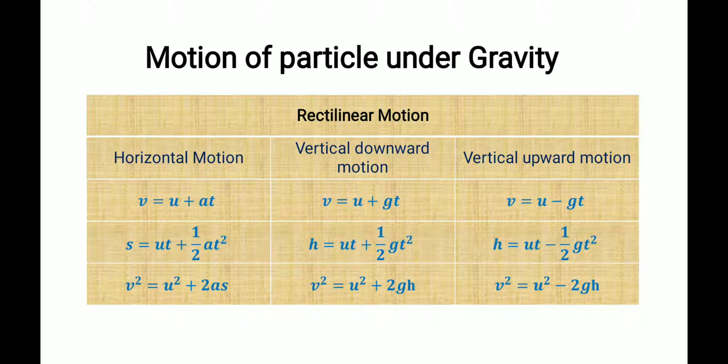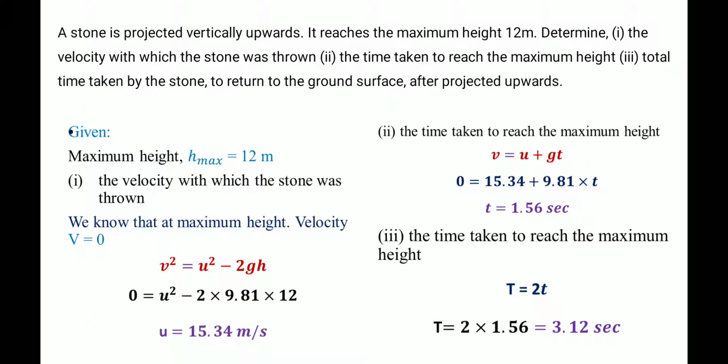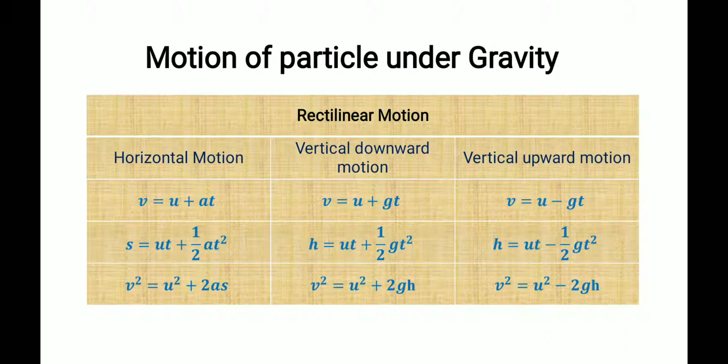So here the formulas are just changing. Upward motion means the gravity is against, it is retarding, so it is minus g. When it is moving downward, it is positive, u plus gt. So while moving under gravity, all the formulas are changing.